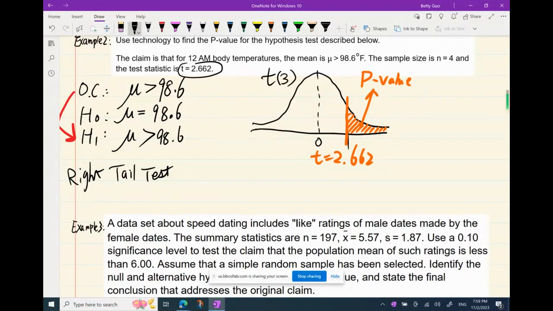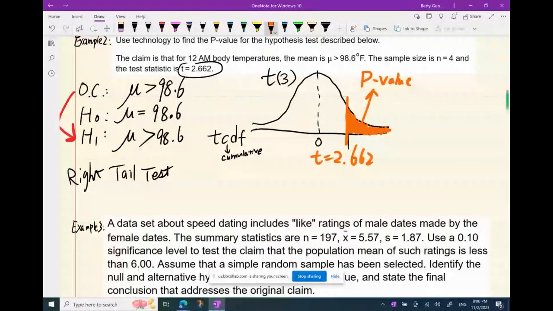T of 3. So the function we are going to apply in the calculator, same as earlier, is T CDF. C here means cumulative. Under the density curve of the T distribution, you accumulate from 2.662, little by little continuously, all the way to infinity.